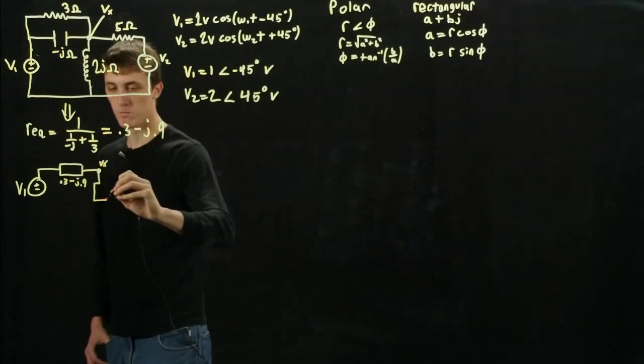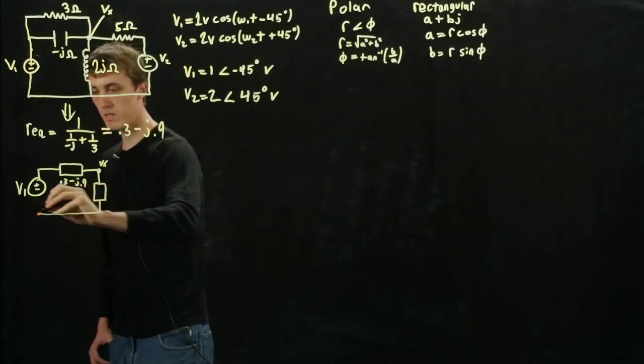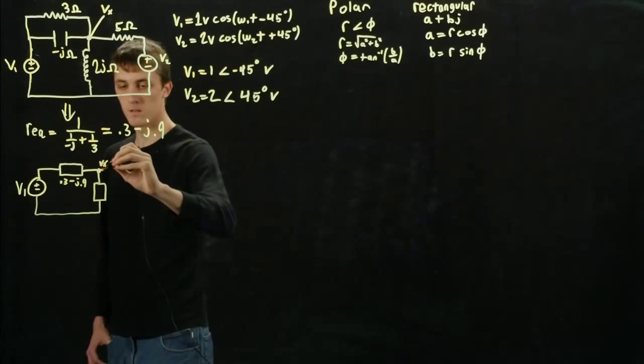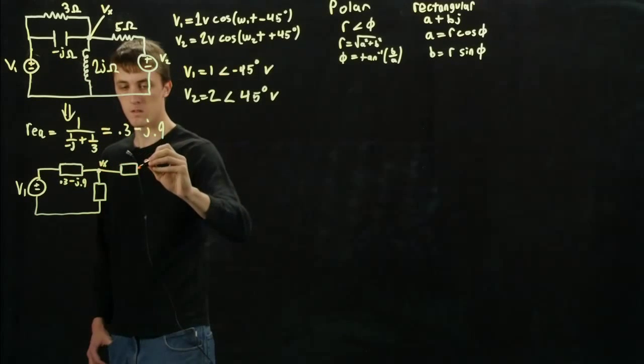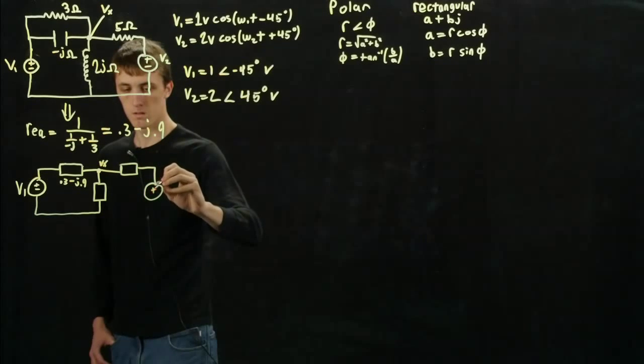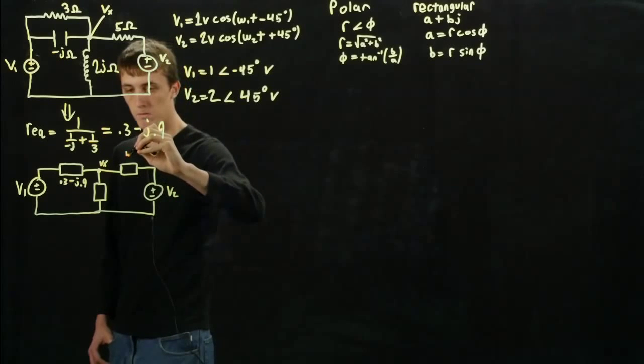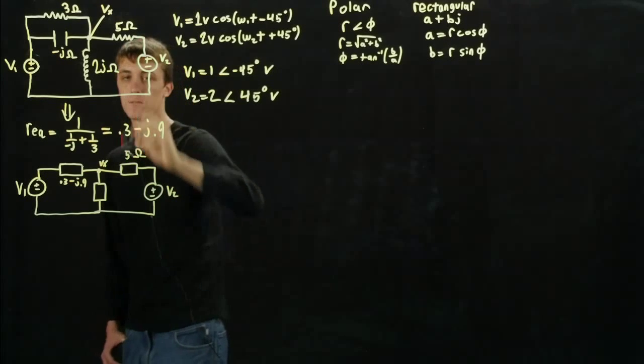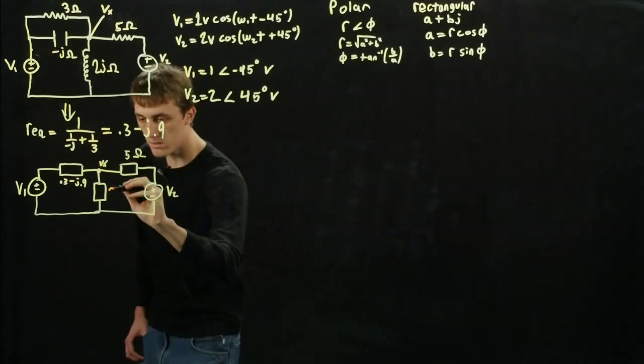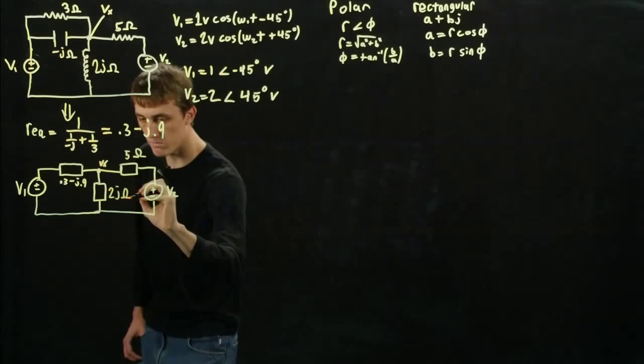We can write them all in block form just to be consistent. And here we have a 5 ohm resistor from above and a 2J ohm.